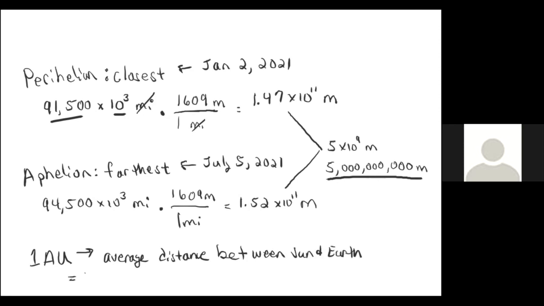And that is also equal to 1.5 times 10 to the 11 meters. So if we took the average of our 1.47 times 10 to the 11 meters and our 1.52 times 10 to the 11 meters at perihelion and aphelion, we'd get something close to our average distance between the sun and the Earth, which is what we define as the astronomical unit.